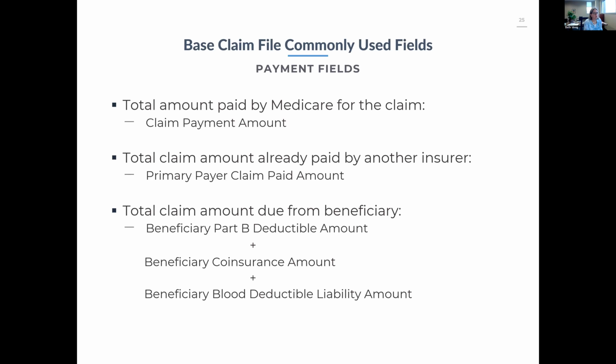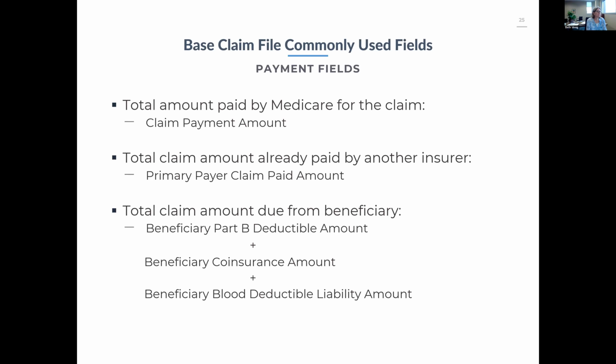And then Medicare will actually decide what is due from the beneficiary. The beneficiary, of course, could have a Medigap policy, so it's no guarantee that the beneficiary themselves will actually pay for it. But it will be the Part B deductible amount. Remember that annual deductible we talked about? It will be the co-insurance amount. That's that 20% co-insurance. And then there's a blood deductible liability. So technically, when somebody receives blood products, there's a separate copay there.